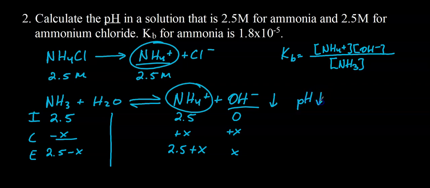Well, the pH will also go down. If OH minus is going down, then H plus is going up, and therefore pH is going down. Make sure this all makes sense. Make sure you understand why the pH of this buffer solution is less than the pH of just the weak base solution by itself.